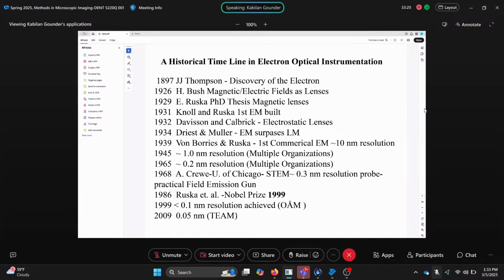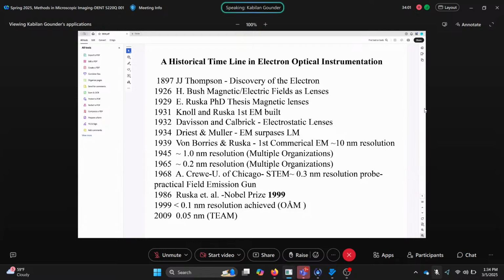So the timeline for the electron microscope is this. In 1897, J.J. Thomson discovered the electrons. Then in 1926, Busch found how to make magnetic or electric fields act as lenses. In 1929, Ruska made his PhD thesis related to magnetic lenses.